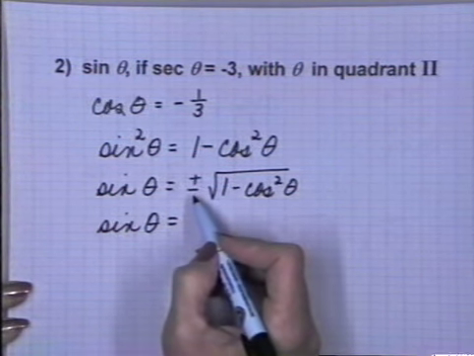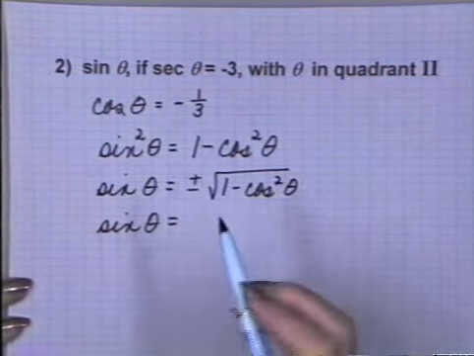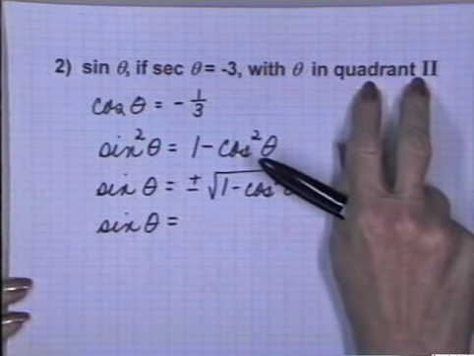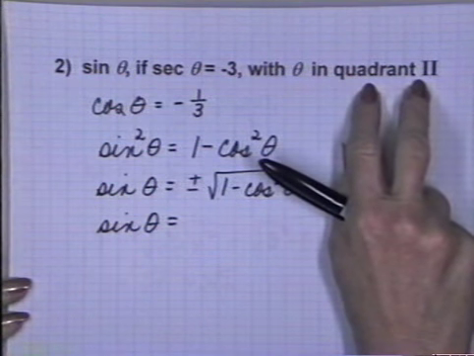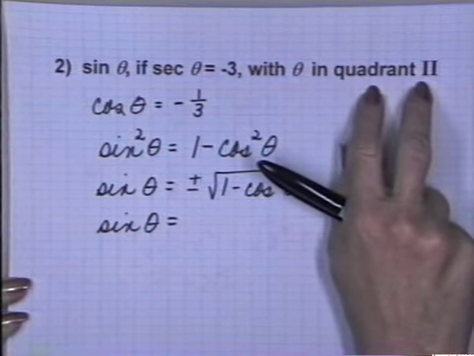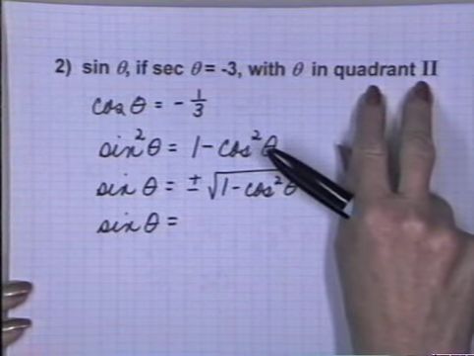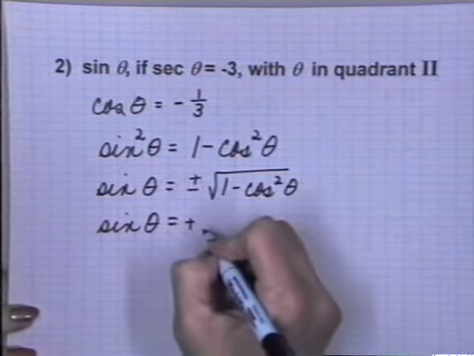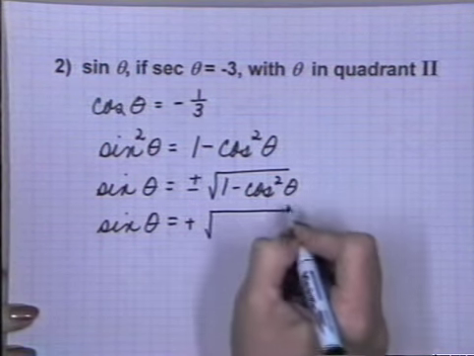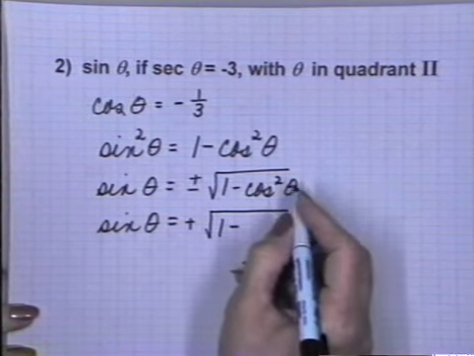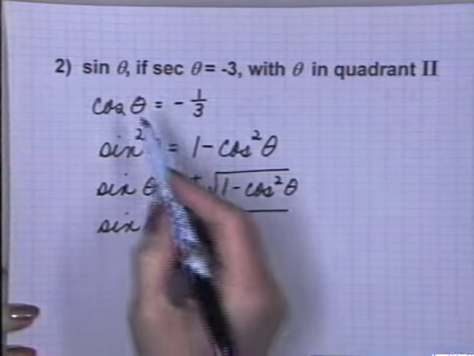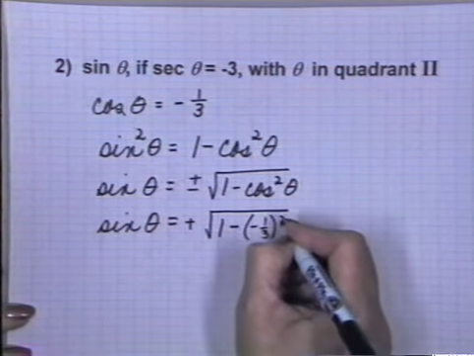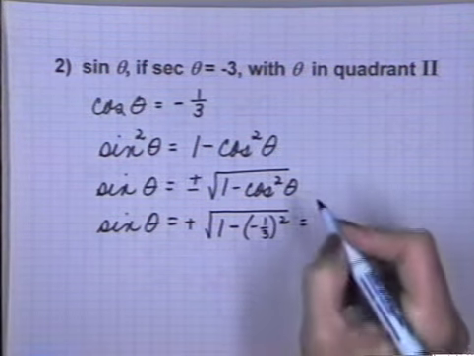And remember what tells us whether the sine of theta is positive or negative. It's the fact that theta is in the second quadrant, which of course means that the terminal side of theta is in the second quadrant. And for any angle whose terminal side is in the second quadrant, we know its sine function is positive. So this will be positive. So I will say 1 minus, I will take my cosine of theta, which is -1/3, and I will square that.